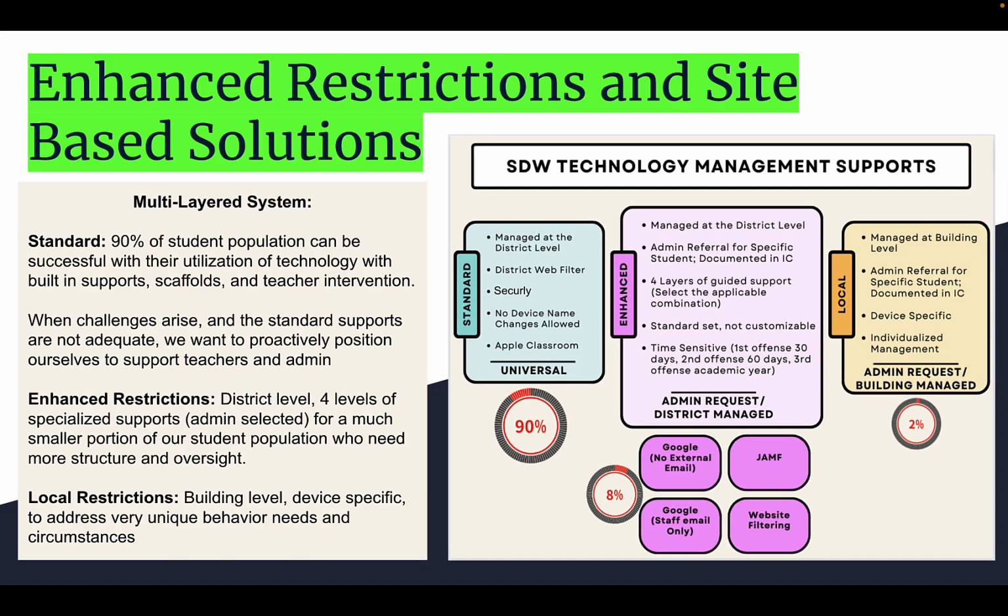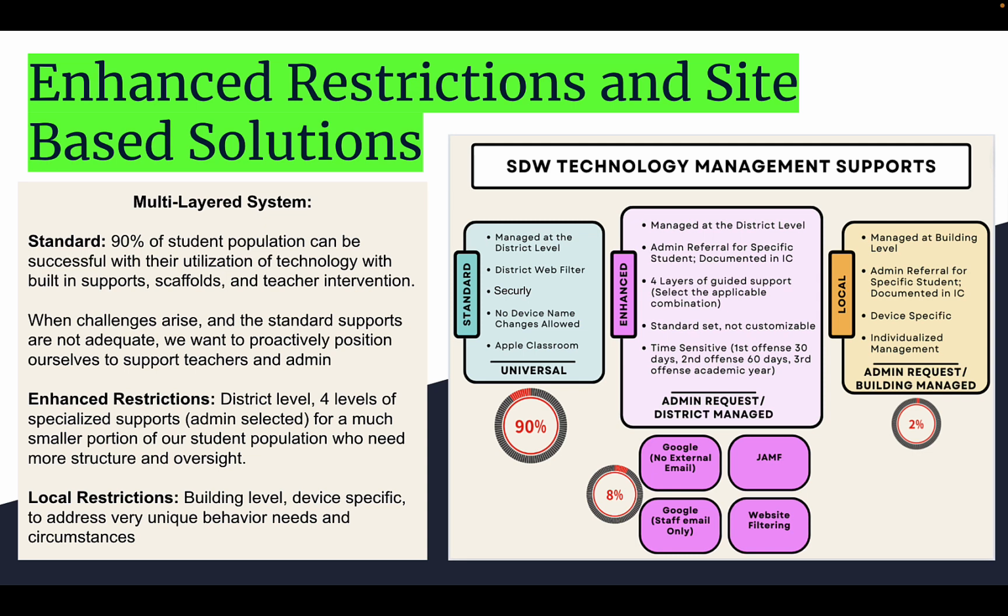Following up, while we offer our universal layer of supports and we encourage technology classroom management as well as the use of Apple Classroom and our digital citizenship lessons, we realize that those interventions don't always work for all students, and that's why we have enhanced restrictions and site-based solutions available. So just to go through this system here, it's a multi-layered system.